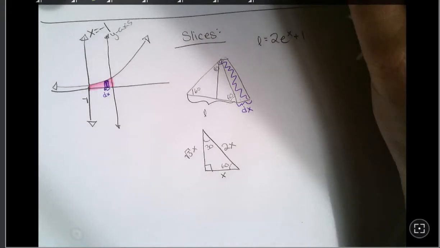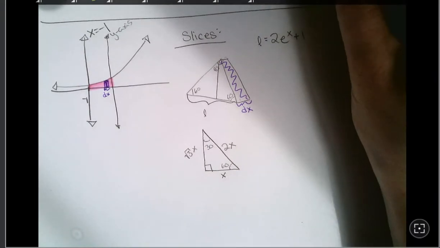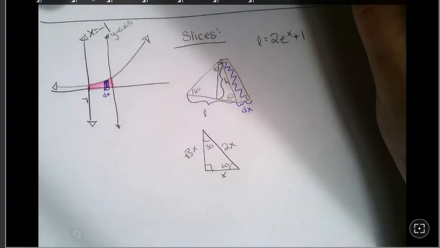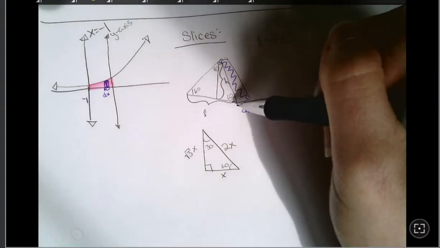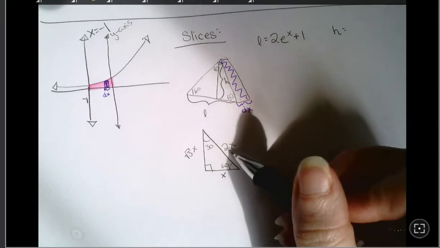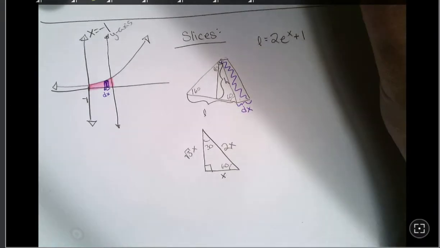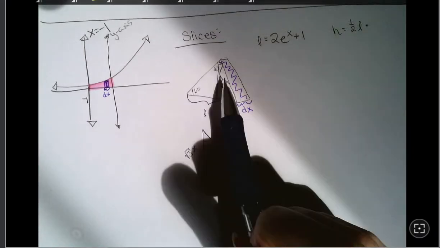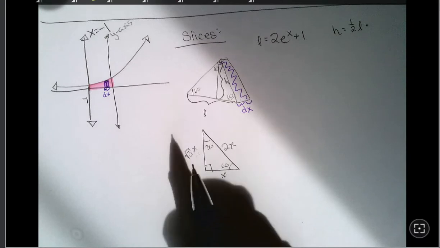That means for my height in this case, my h here, it's going to be 1/2 my length, because x, I have to break that in half from my hypotenuse. So it's going to be 1/2 the length times that root 3 here.